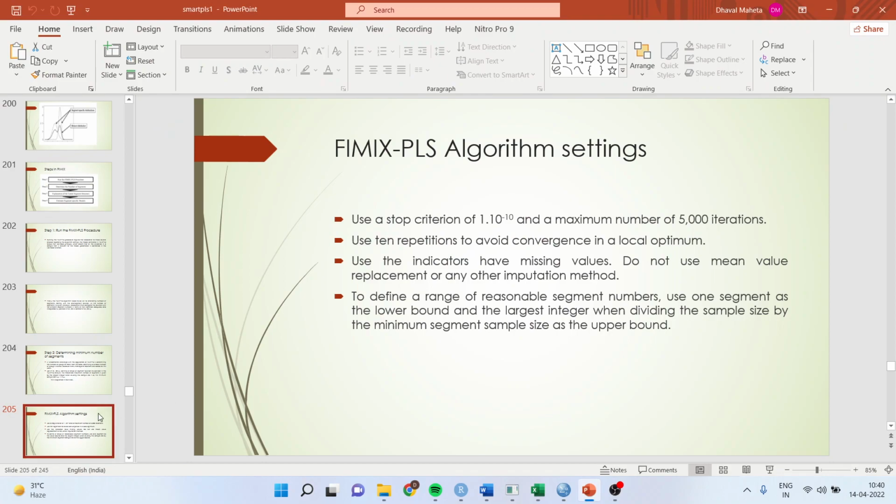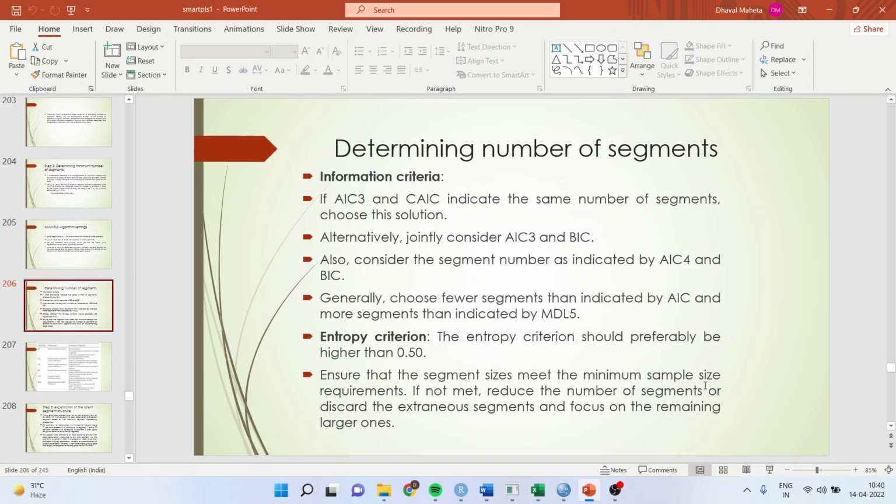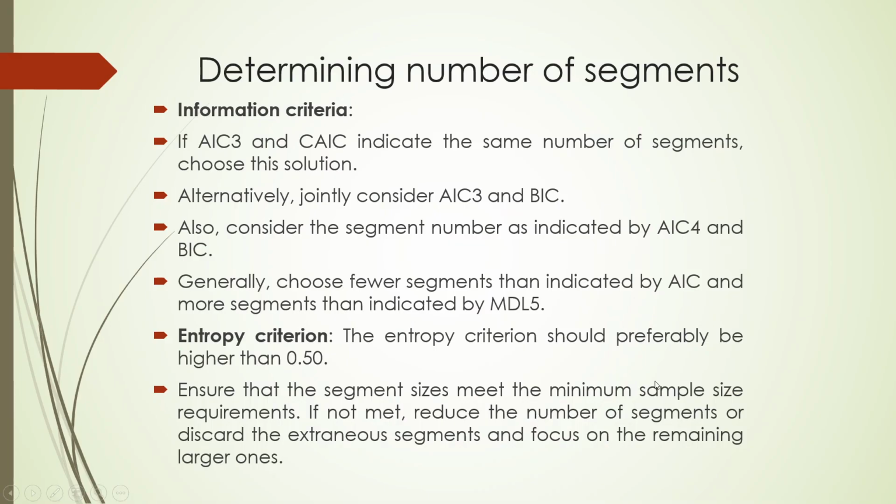There is a guideline which we will have to follow for determining the number of segments. The first is, if AIC3 and CAIC indicate the same number of segments, choose this solution. If they are showing this, pick this, that's best. Alternatively, jointly consider AIC3 and BIC.